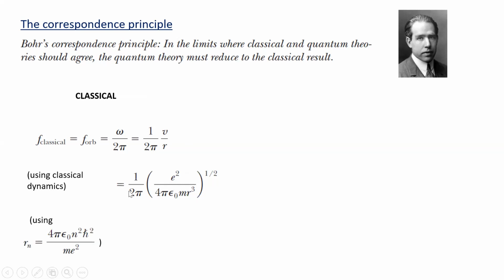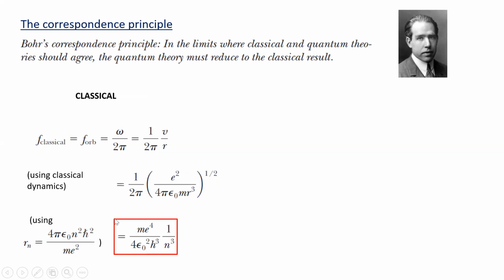And then since we know that in the quantum theory n is quantized, the radius is quantized according to this formula, which is a naught, the Bohr radius, times n squared. If we plug that in for r, this r in for this r here, we get some simplification, and we get this formula here.